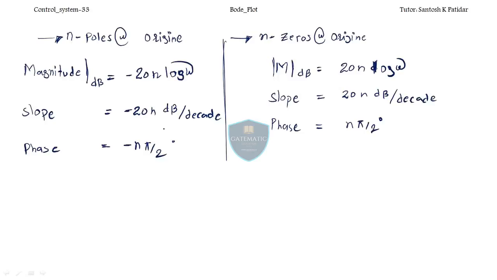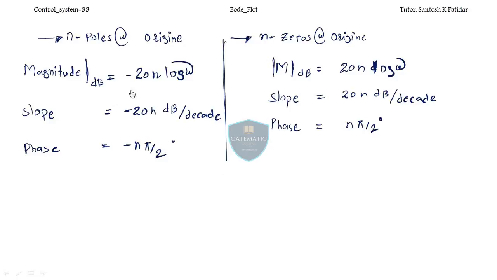This is the comparison between n number of poles at origin and n number of zeros at origin. If you find the magnitude plot for the pole case, you will get the magnitude in dB as minus 20 n log omega. In the case of zero you will get 20 n log omega. The slope you will get minus 20 and so on.